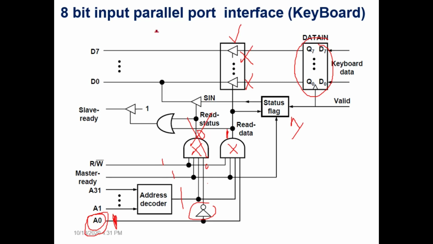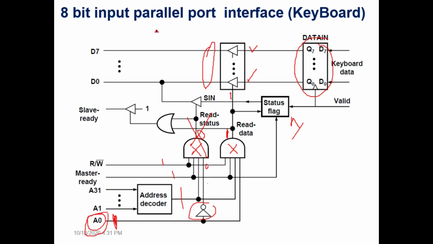Now this one is directly given to the tri-state buffer connected to the data in register here. So what happens now? When you give it to the tri-state buffer connected to the data in register, that input makes all 8-bit D0 to D7, all 8-bit data, transfer on the data lines of the bus.